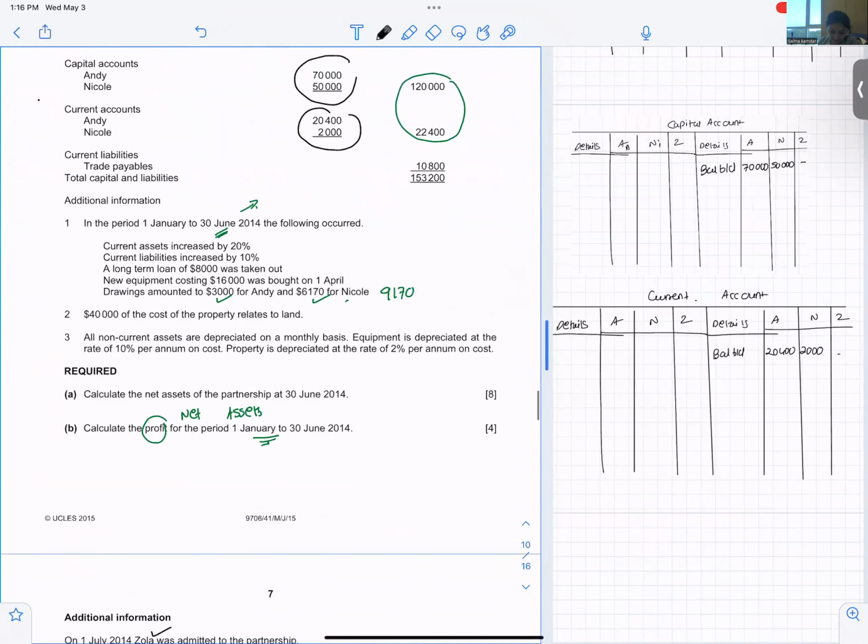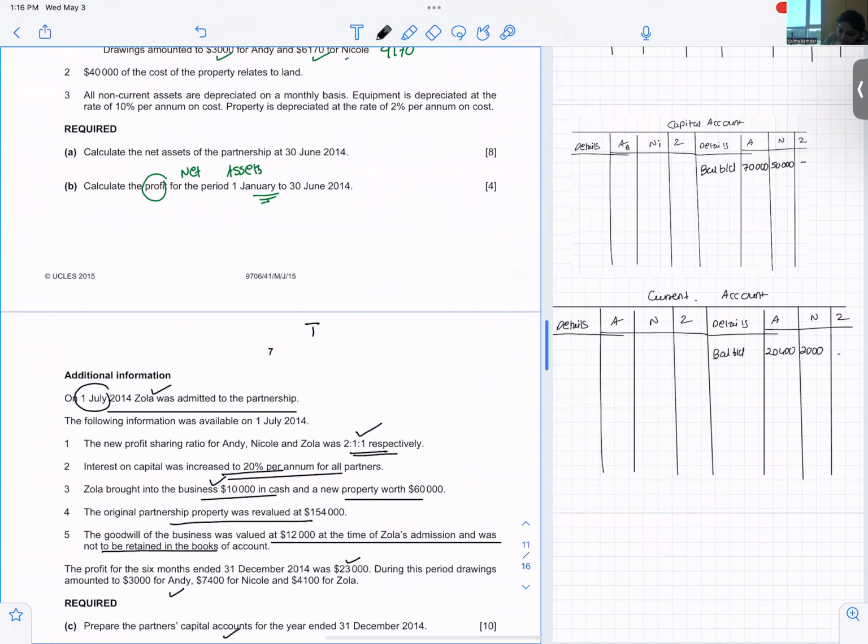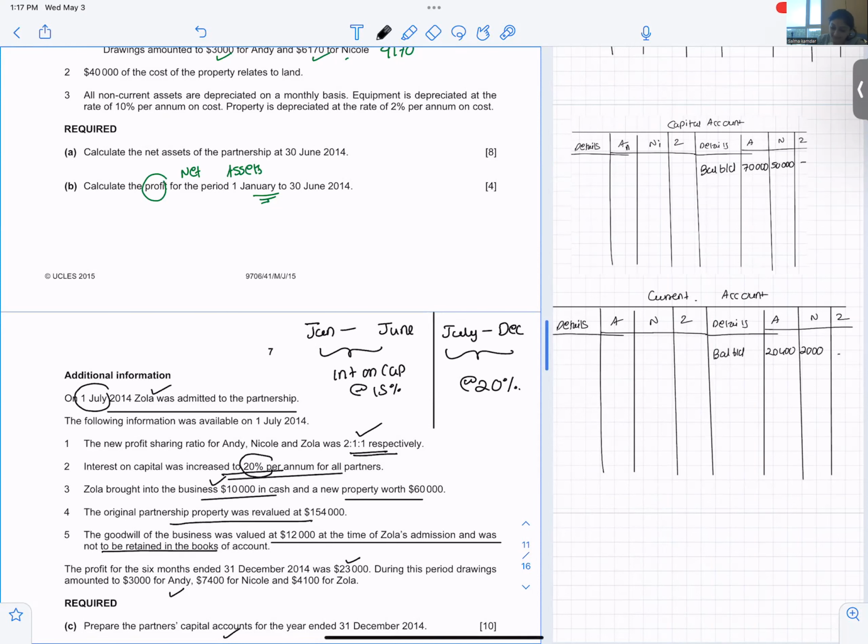And I have admitted my partner on 1st of July. That means from Jan to June, I will give my partners interest on capital at the rate of 15%. And from July to December, I will give them interest on capital at the rate of 20% because interest on capital is increased to 20%.